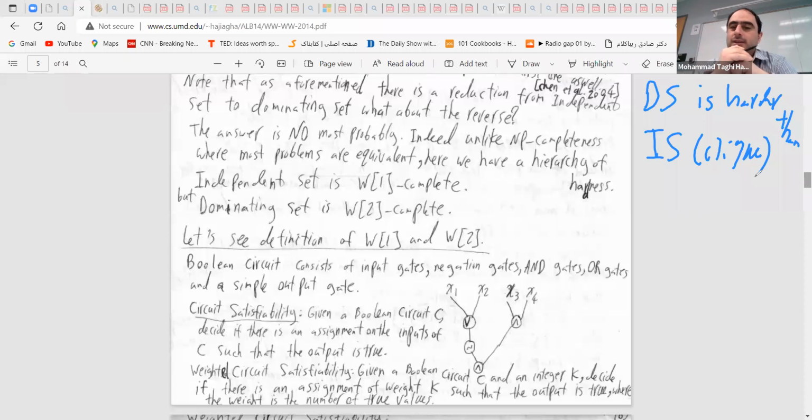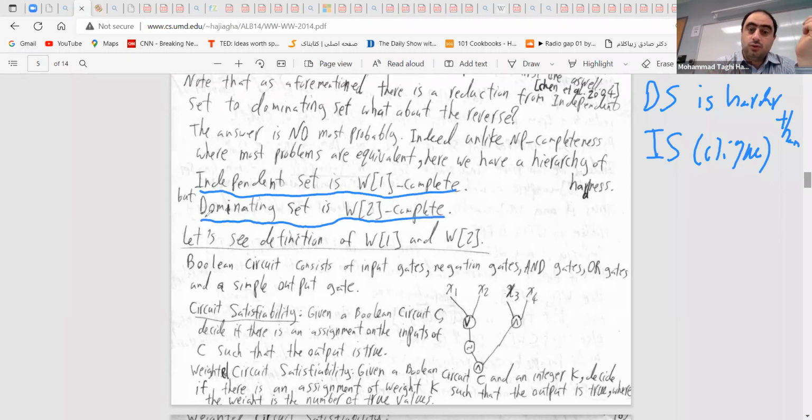indeed, dominating set is a harder problem than independent set in terms of parameterized complexity. In particular, we know that independent set is W1-complete and dominating set is W2-complete. And what is W0?